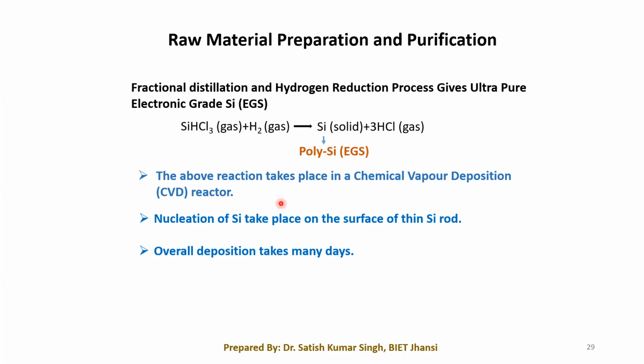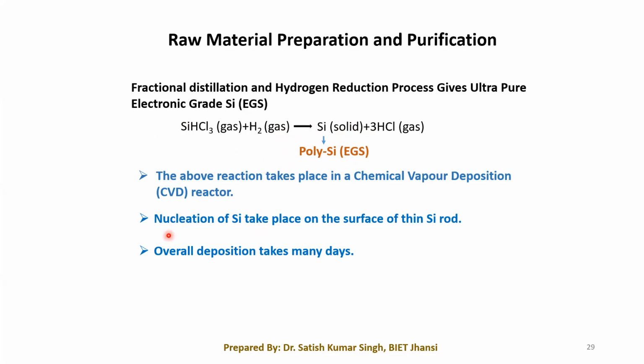Slowly the nucleation on the surface of the polysilicon rod will take place, and this way we deposit silicon on the polysilicon rod. So we place a polysilicon rod within the chamber, and over that rod the polysilicon layer will be deposited. It's called the nucleation of the silicon.